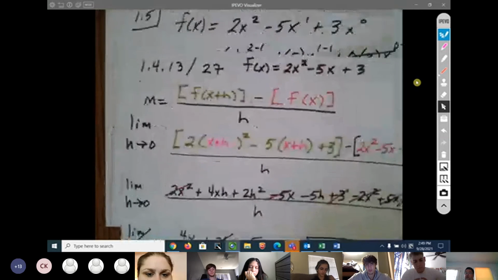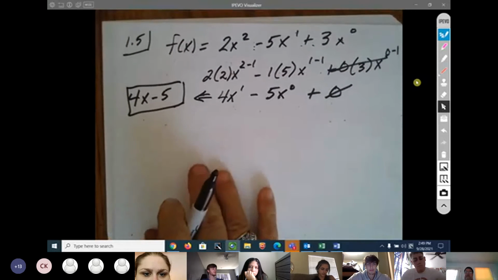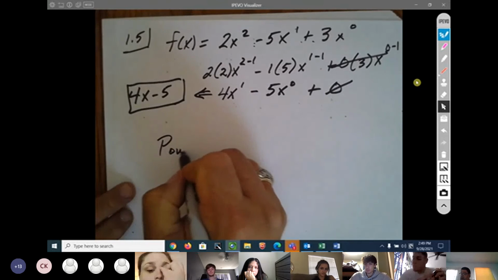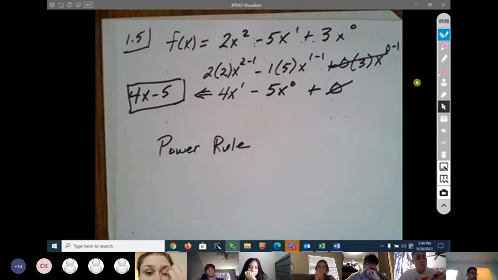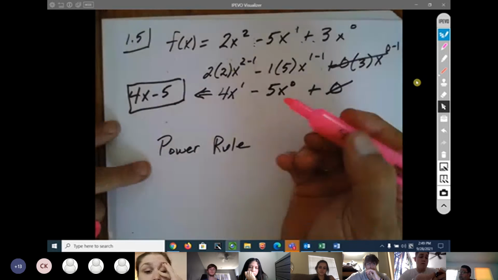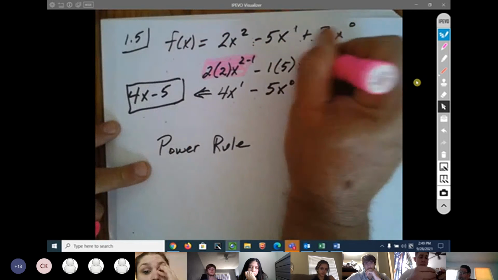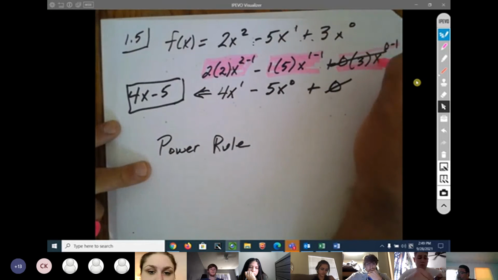So that's 1.4, and this is 1.5. The two things in 1.5 is the power rule, which we just did right here. There's the power rule, power rule, power rule.